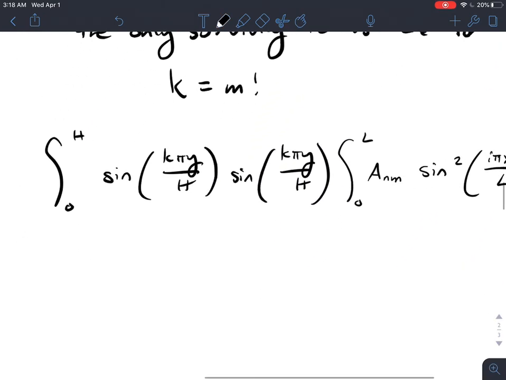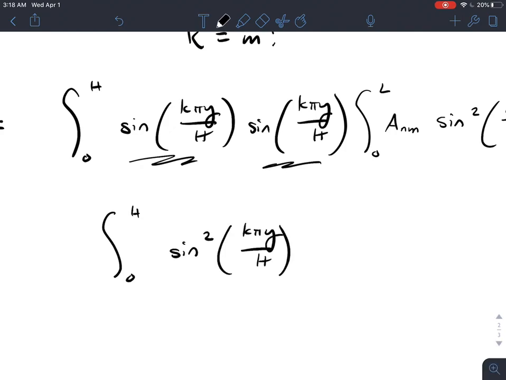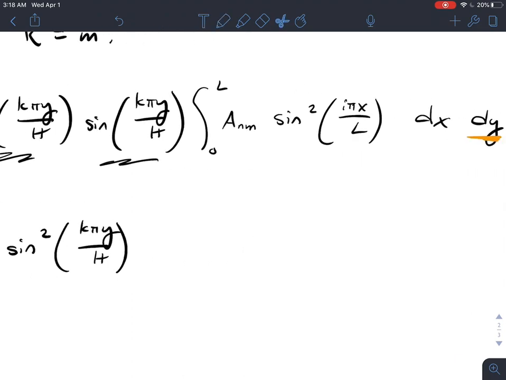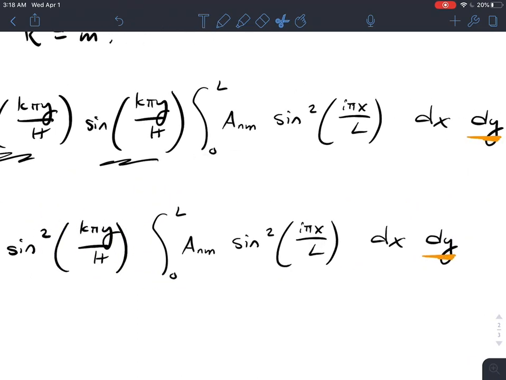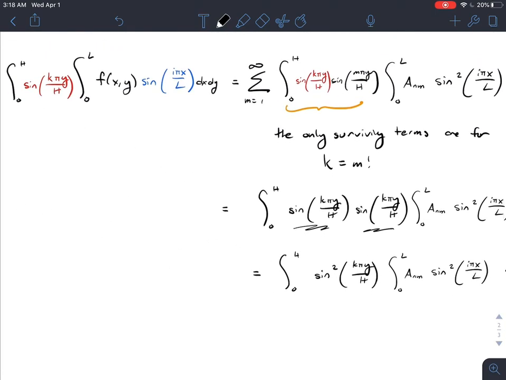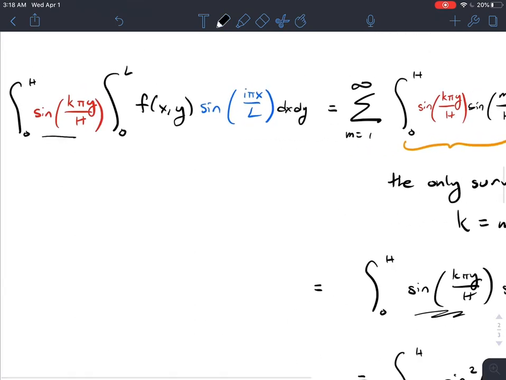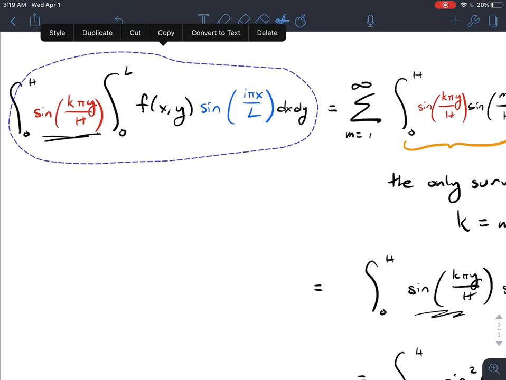And notice what happens now. Because the sine k pi y's are the same thing, what I'm underlining right now, you can also consolidate them into sine squared. And the same thing still stays. So on the left-hand side of things, we can simply move this integral on the inside of the dx integral because it has no dependence on x, so it's essentially just a constant.